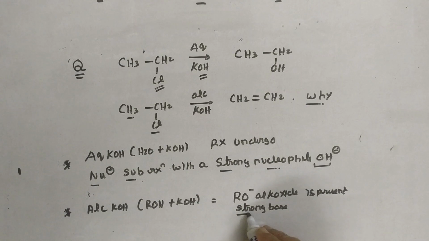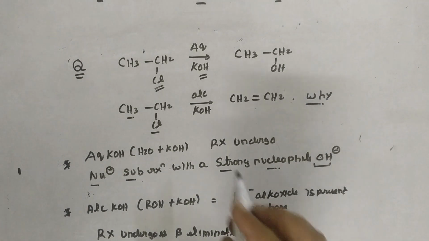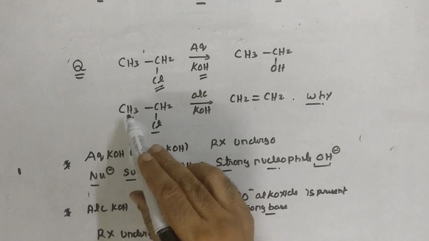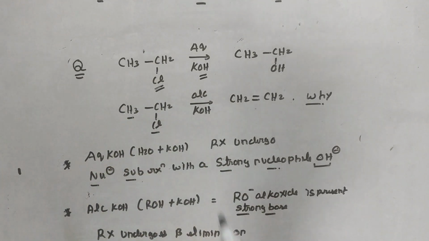In the presence of a strong base, alkyl halides undergo not a substitution reaction, but a beta elimination reaction. Remember what beta elimination reaction was? In which halogen and hydrogen are removed from adjoining carbons. So it undergoes not substitution, but beta elimination reaction.